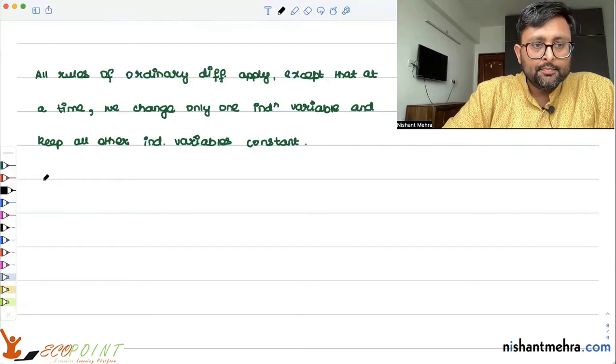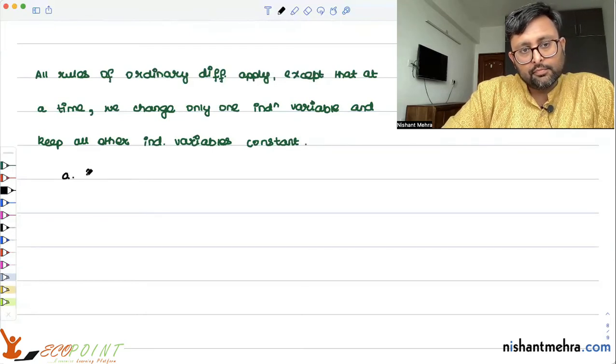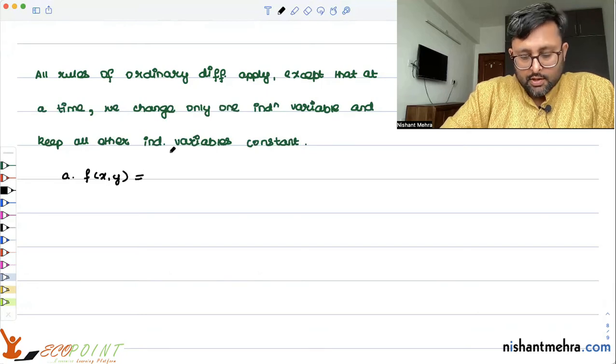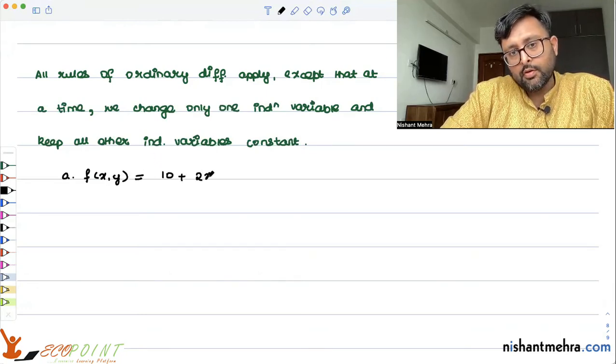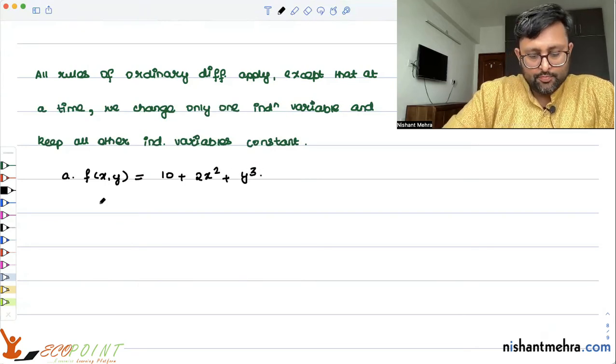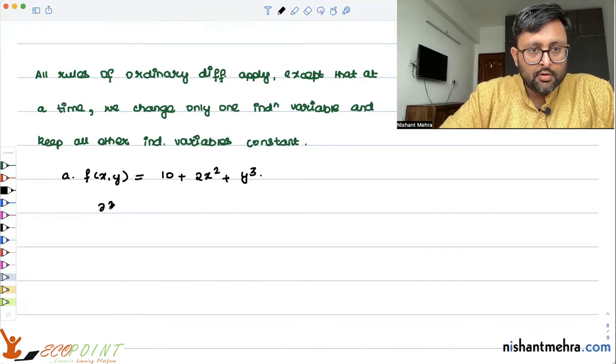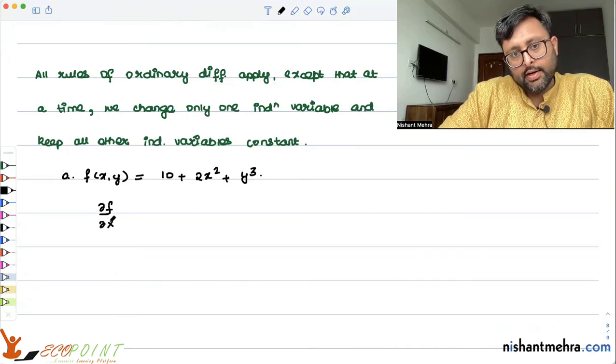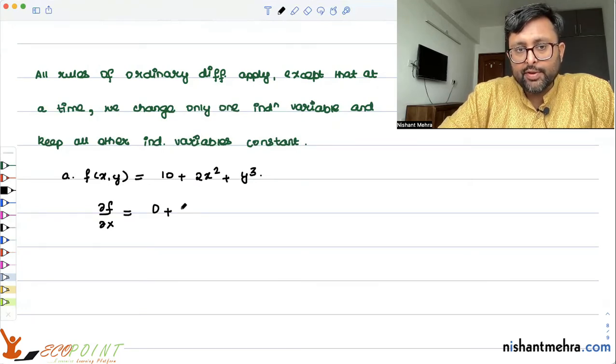For example, you have f(x, y) equals 10 plus 2x squared plus y cubed. If I want to find del f by del x, 10 is just a constant. 2x squared's derivative with respect to x is 4x.